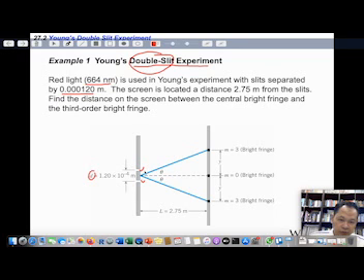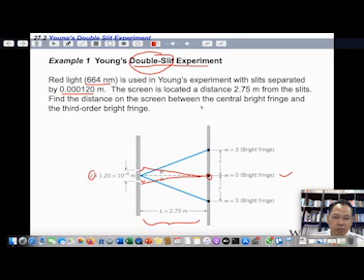Okay, so it becomes a new source. You can find in the center the main bright fringe, like this. The screen is located at a distance L from the slits.